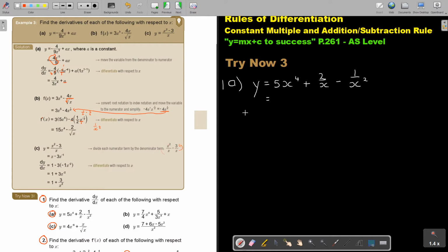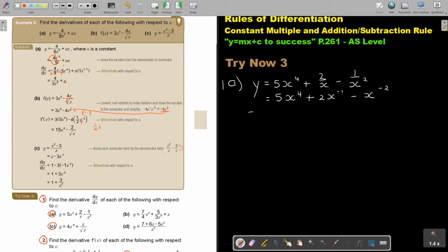Remember, I'm not indicating I'm differentiating because I'm not differentiating. I'm just getting, I want to bring that one up, I want to bring that one also up. So I'm going to get 5 x to the power 4 plus 2 x to the power -1 minus x to the power -2. And that's what I'm getting in that step.